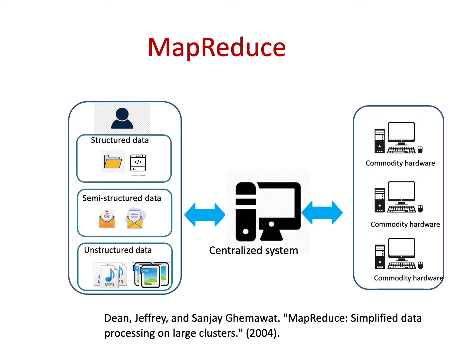What this algorithm does is divide the task into small parts, assign them to many computers, and collect the results from them, and then integrate them into the result for the dataset.